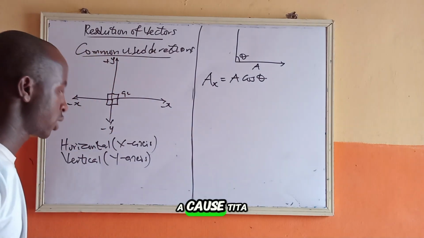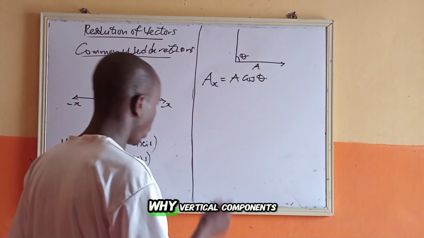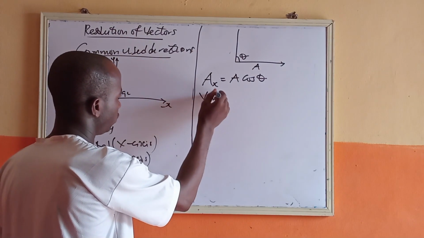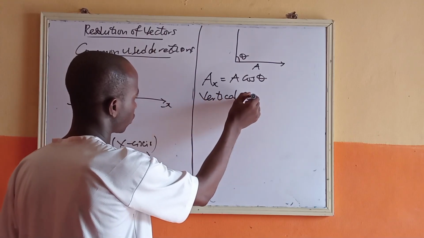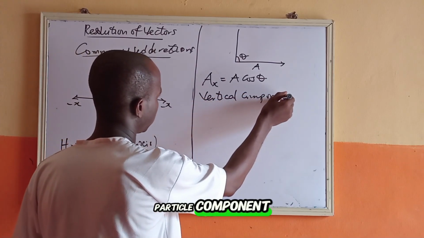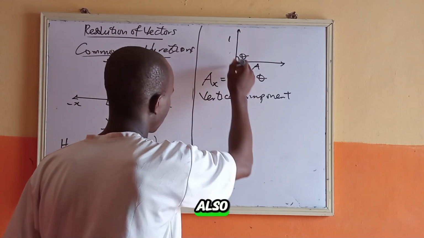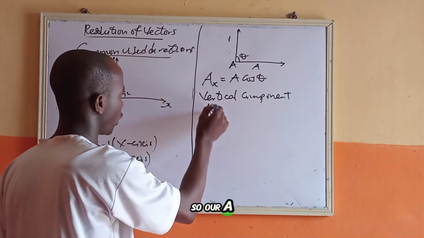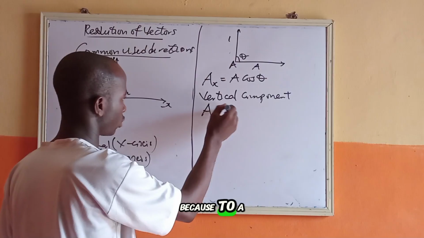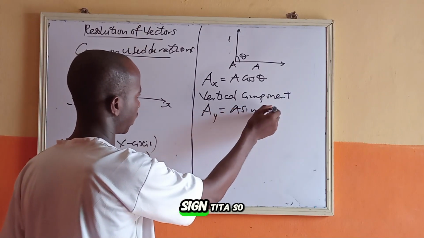For the vertical component of A, AY equals A sine theta.